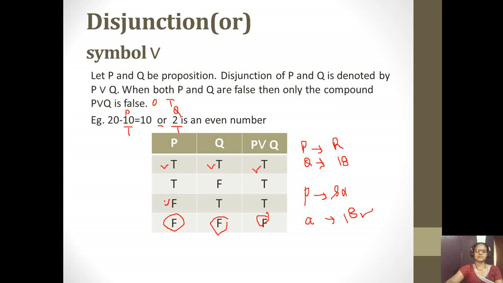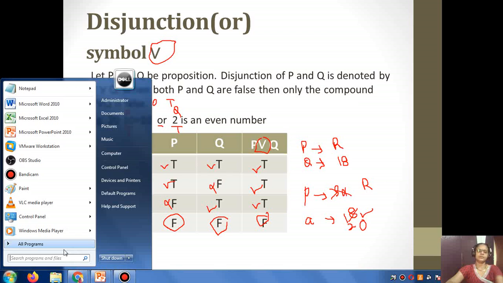The result is true. Similarly, check the third case, where the name is Rita and the age is 20. According to the second line, the first proposition is true, the second is false, and the result is true. So this is our OR.